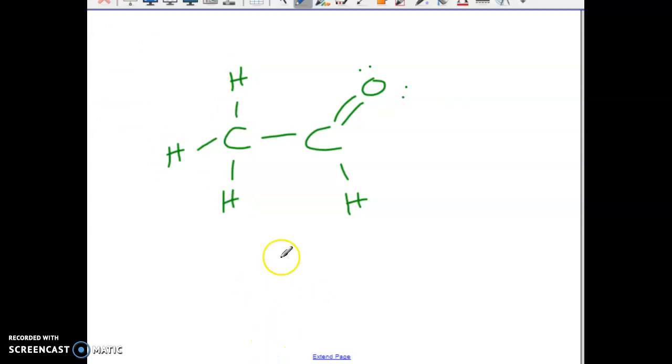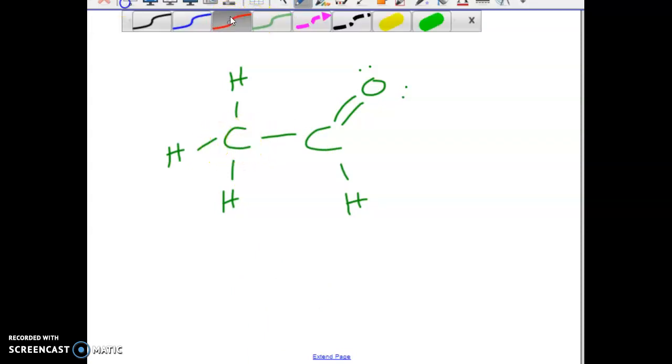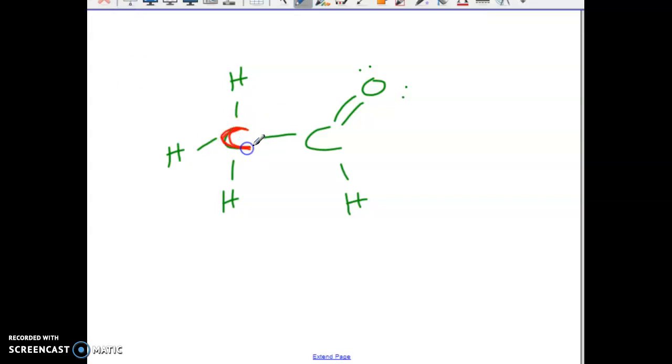Okay, so in this case, we have 2 central atoms, right? So we have carbon. Let's do them in different colors. So I have red carbon. Red carbon has a hydrogen, a hydrogen, a hydrogen, and a carbon bonded to it. So red carbon is central atom number 1.